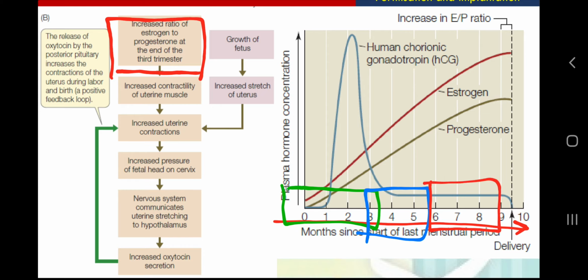So what is written at the end of the third trimester? It means at the end of the 9th month, increased ratio of estrogen to progesterone. Here you can see there is more estrogen than progesterone. This is how you can relate the graph with the flowchart, and then with other diagrams, and then with the text also. Merely listening to this video is not going to help you.